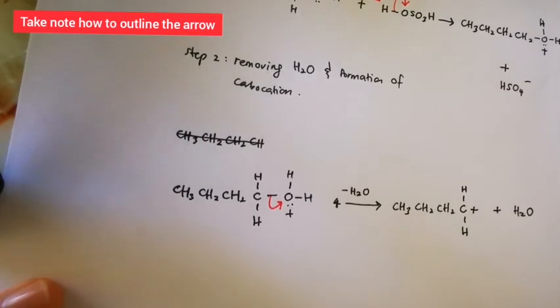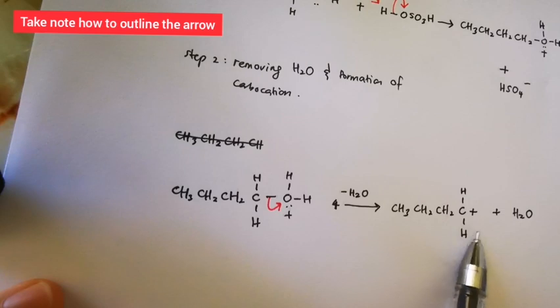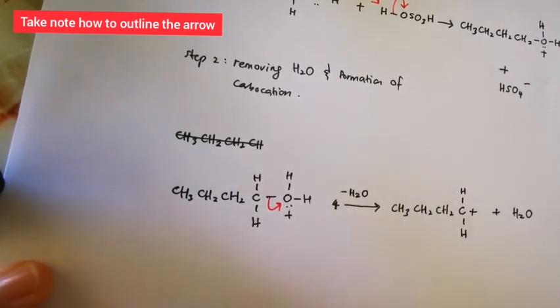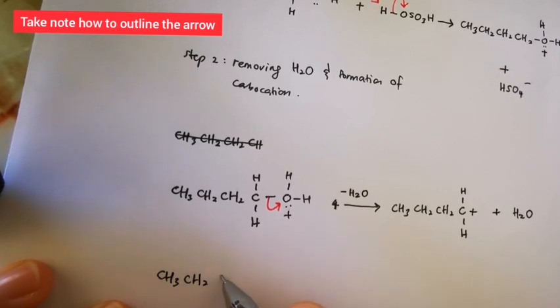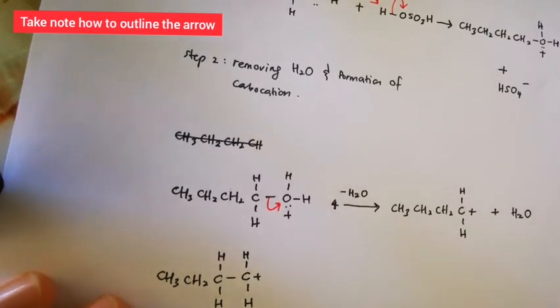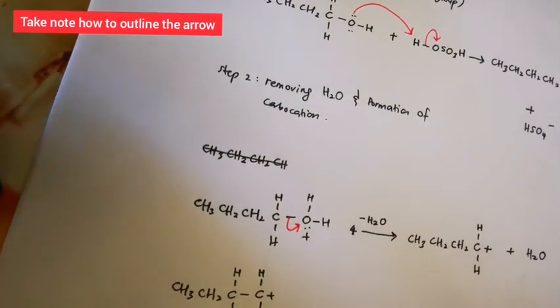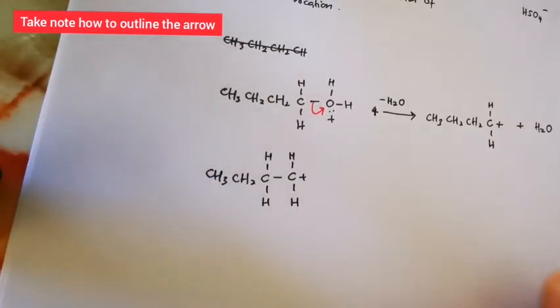Okay, so now I will show you the rearrangement. I will copy back this carbocation ion and I will expand the neighboring carbon because we want to show the movement of electrons. It will be easier for us if we use the expanded structure.